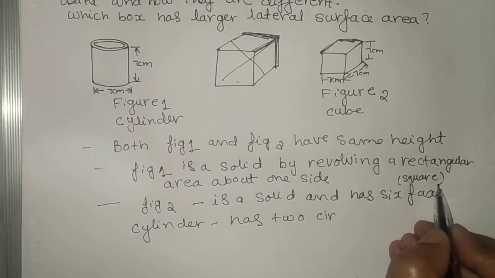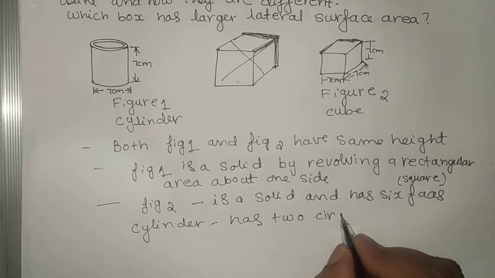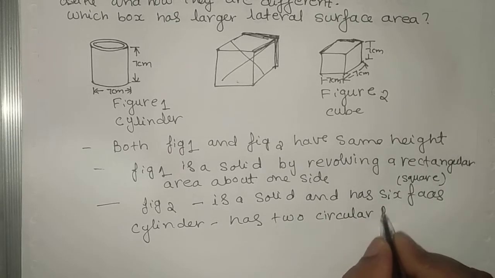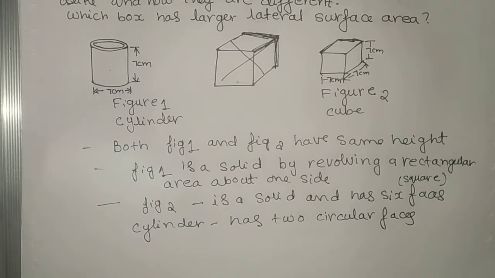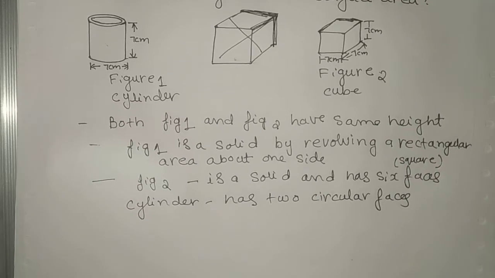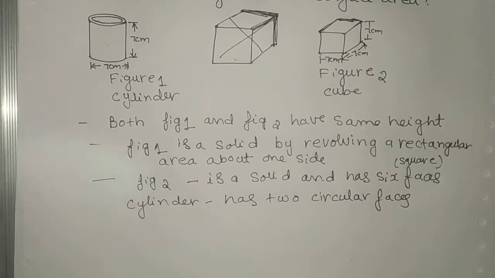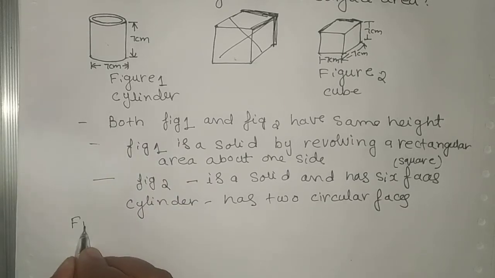I'll just write here: this one has 6 square faces, and this cylinder has 2 circular faces. Next we move on to the calculations, starting with figure 1.